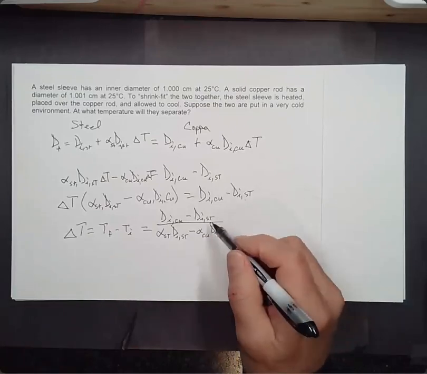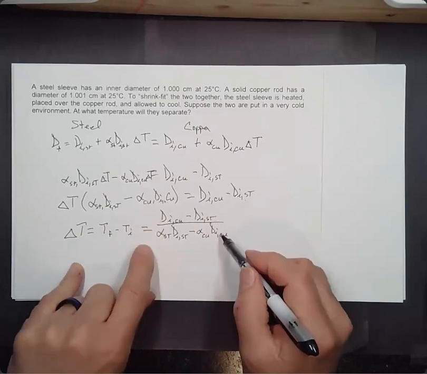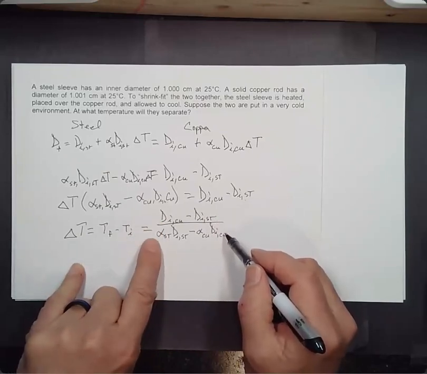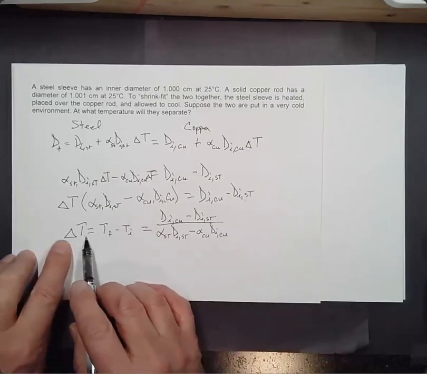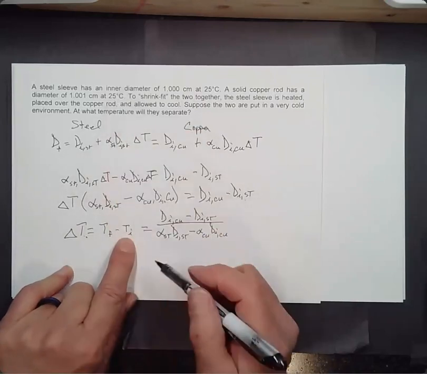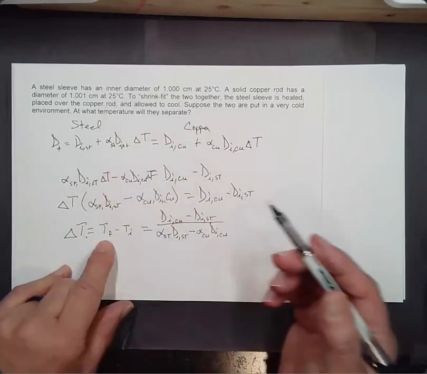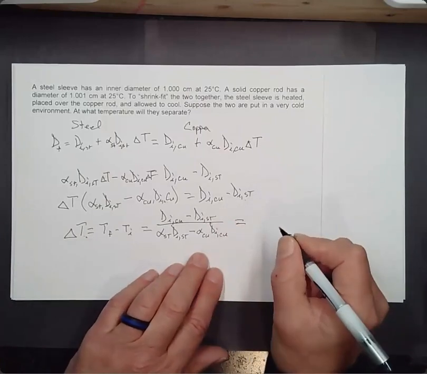And I would expect that this is going to be a positive numerator. I'd expect to have a negative denominator here because I expect the temperature difference to be negative. And T initial is 25 degrees Celsius. T final should be some amount less than that. But let's plug in numbers and see what we get here.